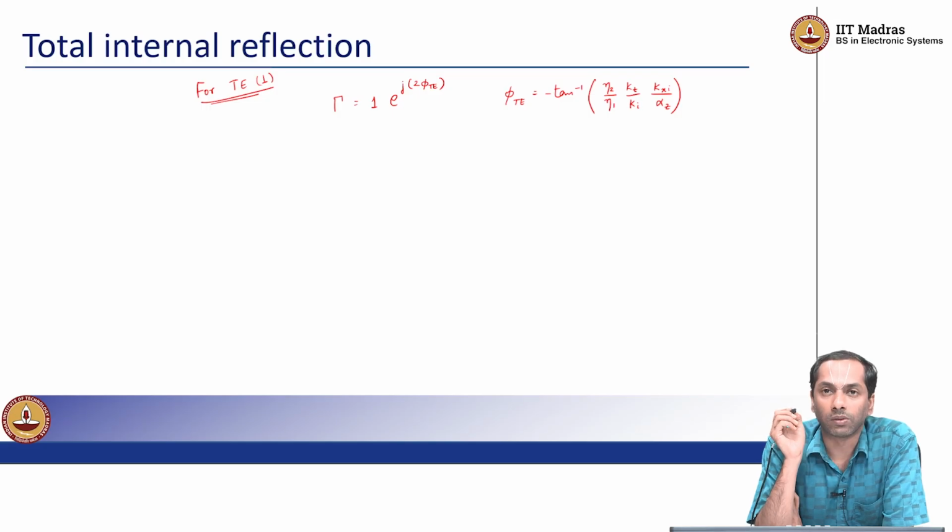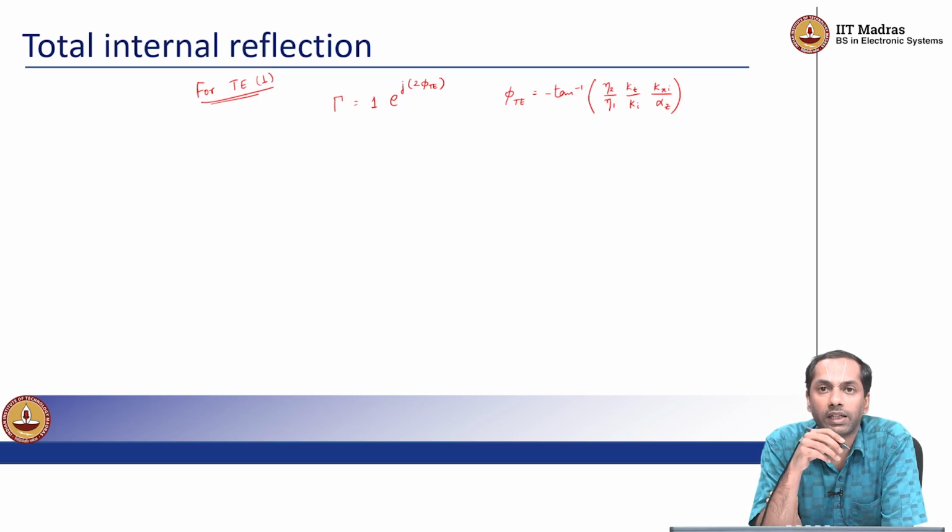Alright, so the next step for total internal reflection is we are also going to see what is the total or the net field on either side of the boundary. On the medium 1 side, we will find that the net electric field is essentially the sum total of the incident and the reflected fields.